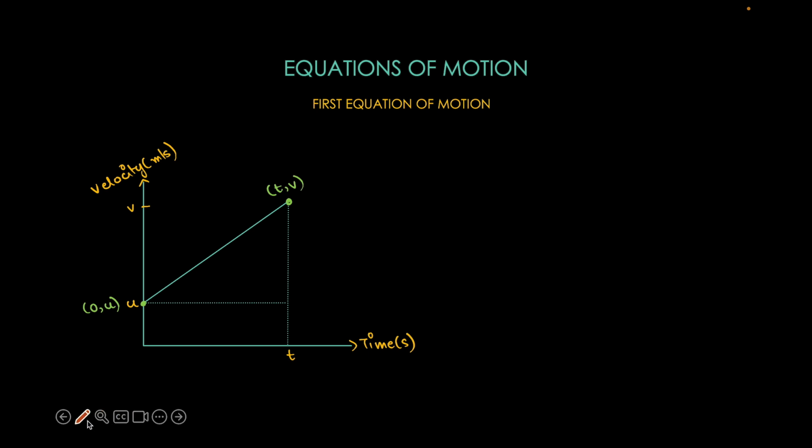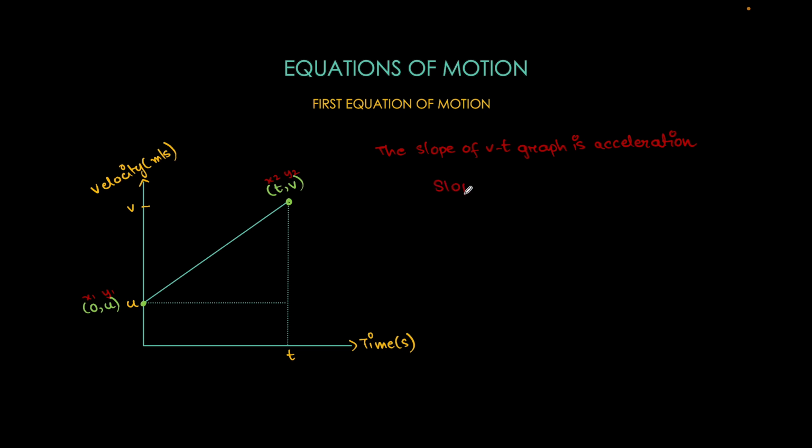Now we just simply need to find the acceleration. We know that the slope of velocity time graph is acceleration, right? So simply we just need to find the slope. In this case, this is y2, this is x2, and this is y1, this is x1.